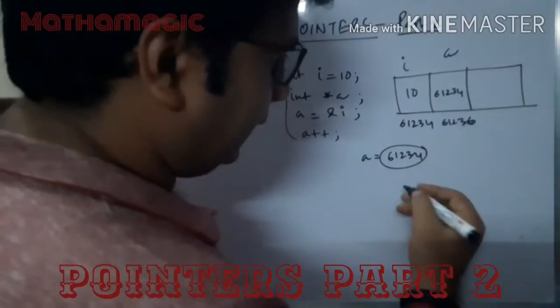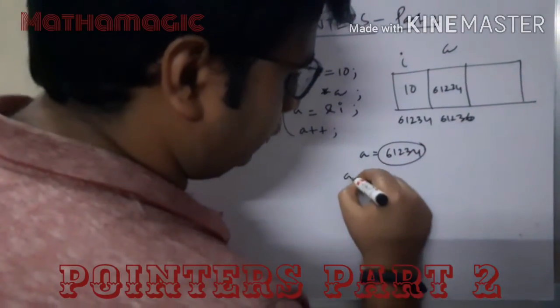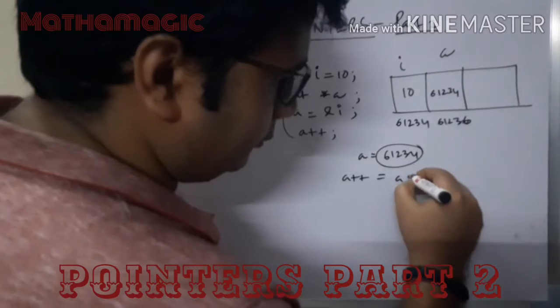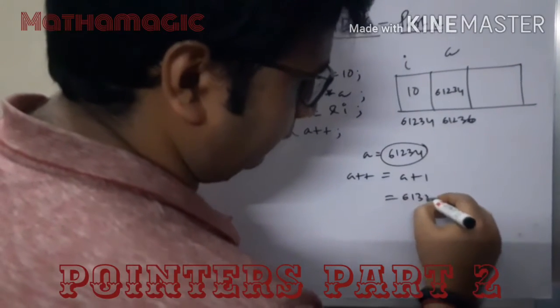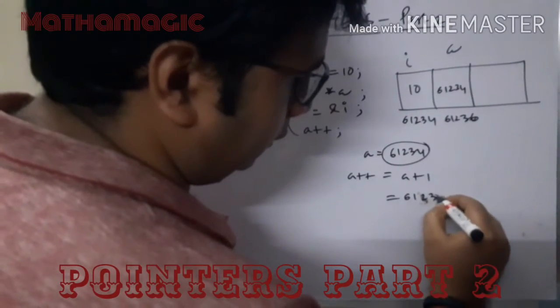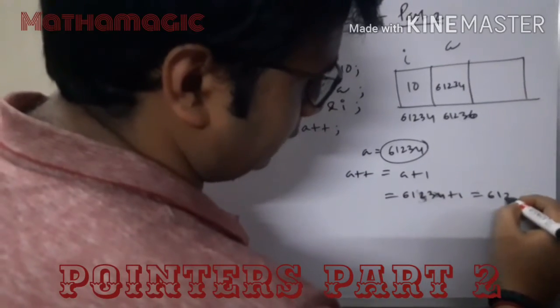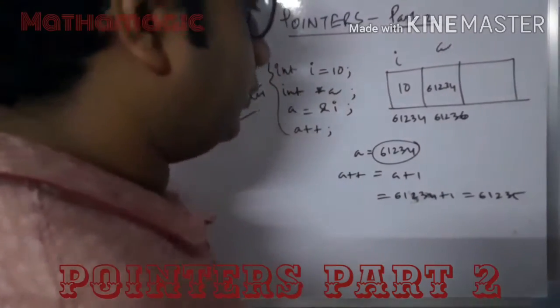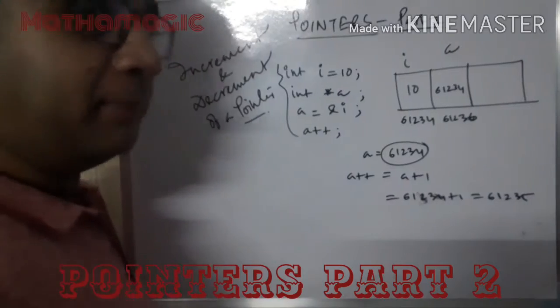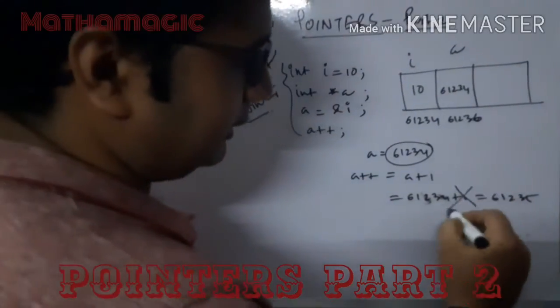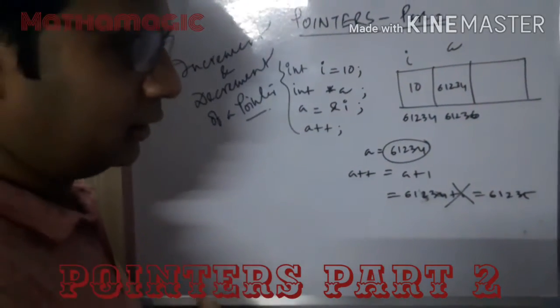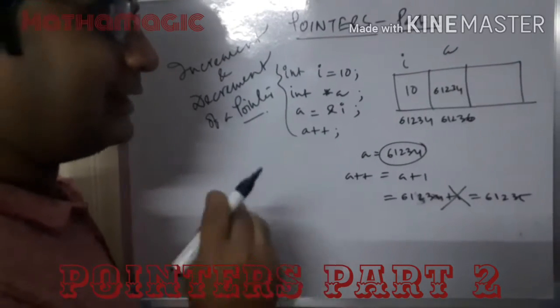So a equals a plus 1, that means 61234 plus 1, so it will be equal to 61235. This is our normal concept, but the case here is not like this, because it is a pointer variable.